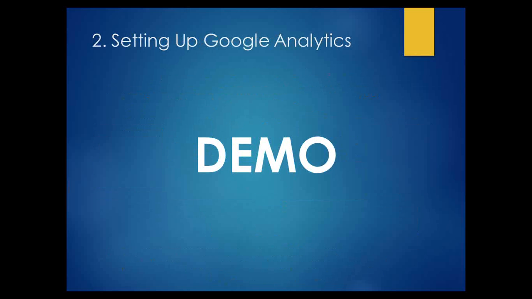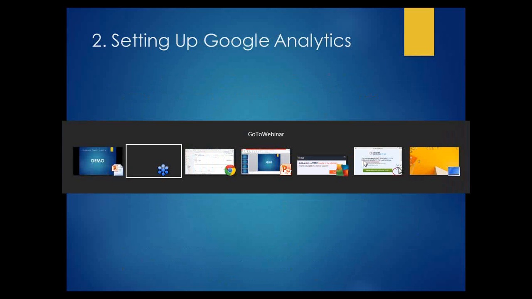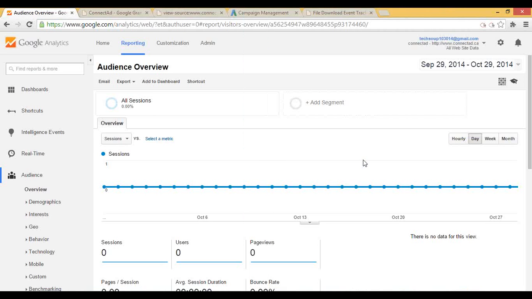So let me show you the demonstration about how you set this up. So I'm going to open up my browser now. I've created an account specifically for today's purpose, just to demonstrate this to you. So this is what it looks like when you sign into Google Analytics. The first thing you do when you just sign up for this is you need to identify what your unique ID code is.